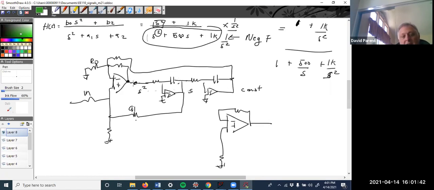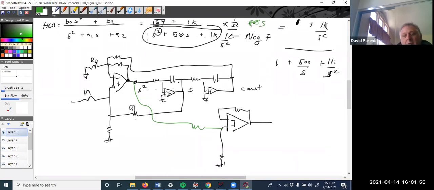So this is non-inverting. I want to keep it on the non-inverting side. All the A's are negative feedback. This isn't feedback, it's just positive. It's feed forward, right? So if you see a plus sign, it's a plus sign. Here, pluses are minuses and minuses are plus, right? And then here too.